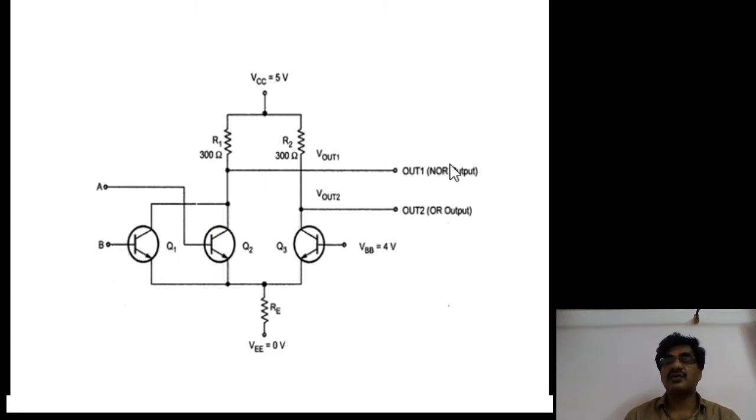Hence the output at out 1, the NOR output, is 0, whereas out 2 is 1. Therefore out 1 satisfies the NOR gate truth table, whereas out 2 satisfies the OR gate truth table. So that is the way this ECL works as a NOR gate.